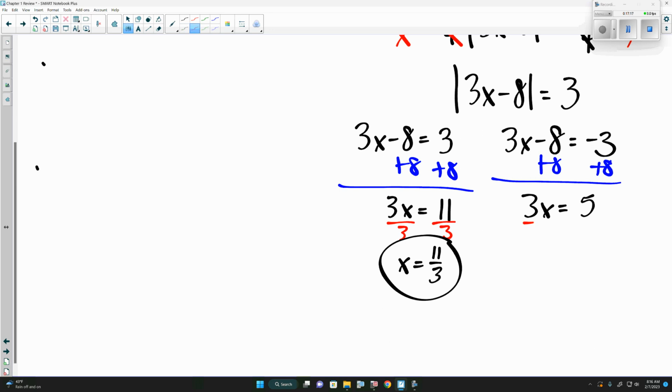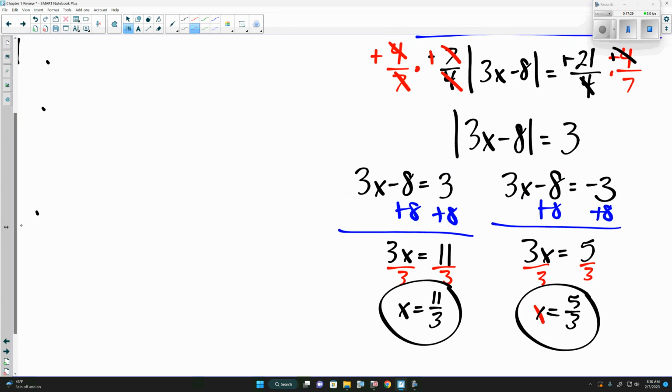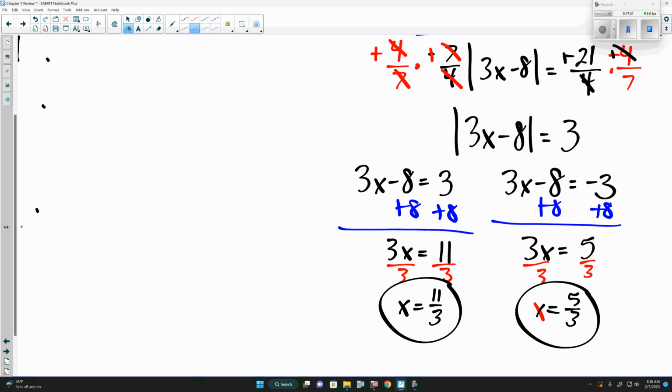Then we would divide by 3, telling us x is equal to 5/3. Questions on this here?